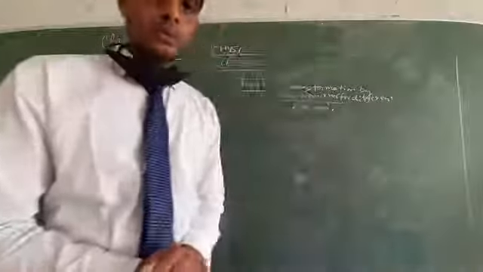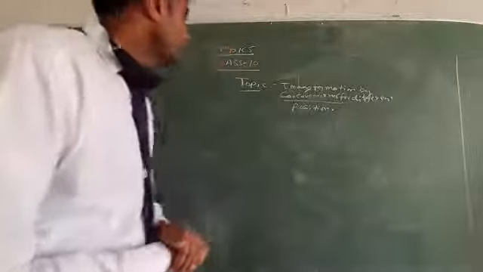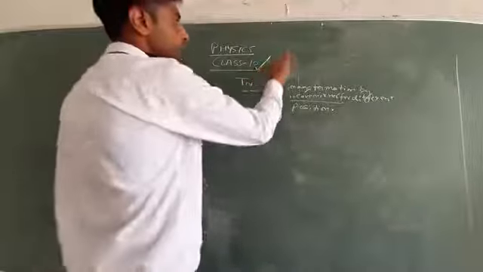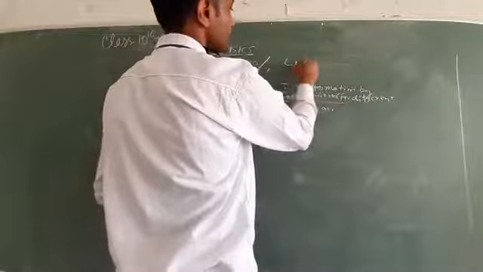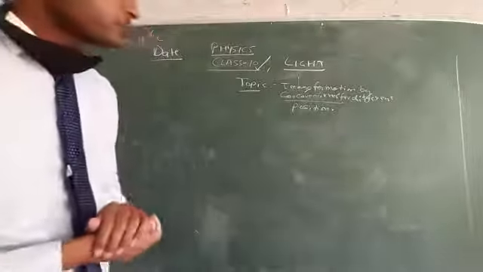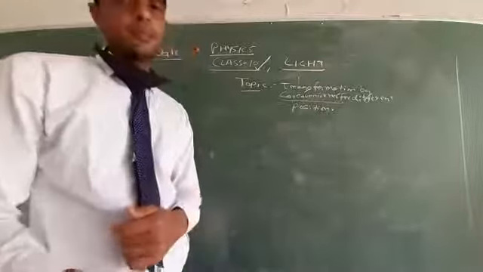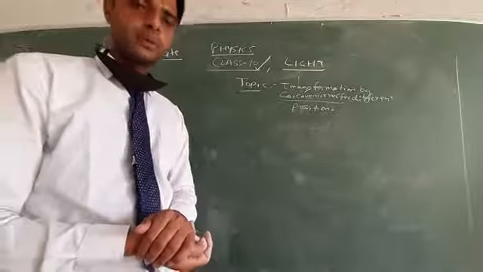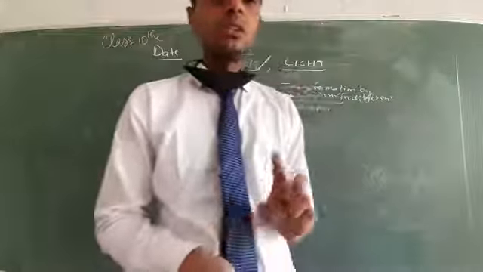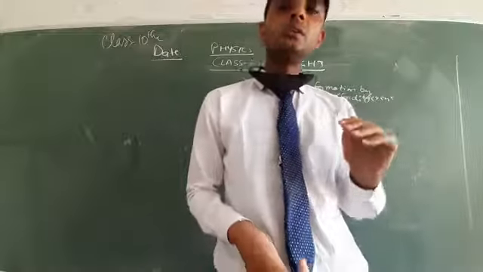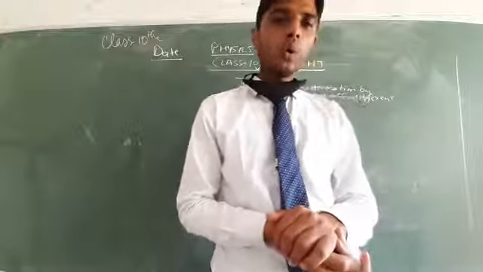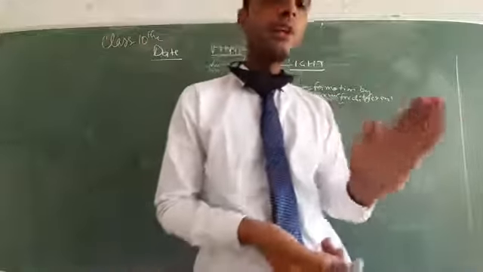So as you know, today I am going to take a lecture of class 10, chapter Light, and topic image formation by concave mirror for different positions. In the previous video, I discussed two cases: when the object is placed at infinity, and second, when the object is placed between infinity and the center of curvature.